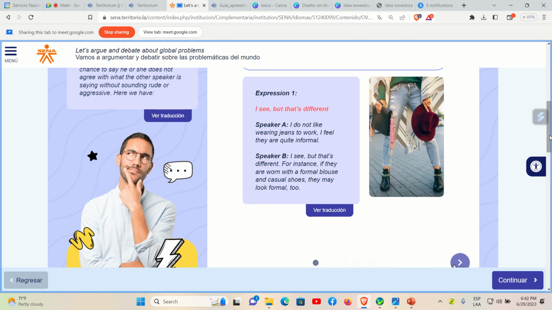For instance, I see, but that's different. For instance, a speaker: I do not like wearing jeans to work. I feel they are quite informal. So the speaker says, I see, but that's different. For instance, if they are worn with a formal blouse and casual shoes, they may look formal too.